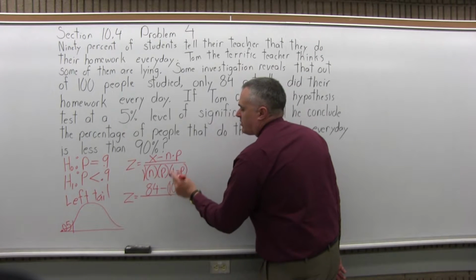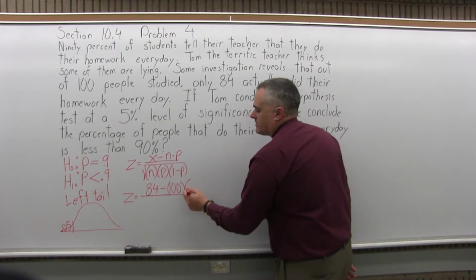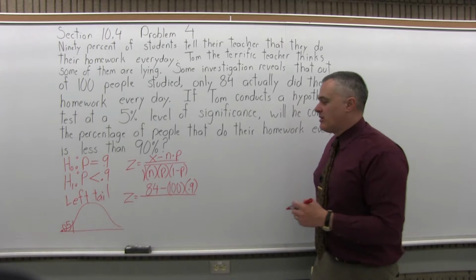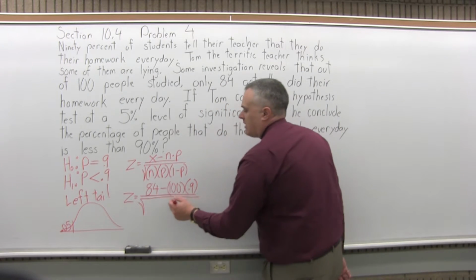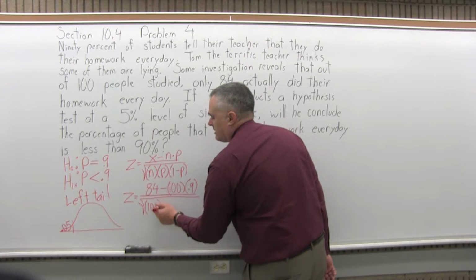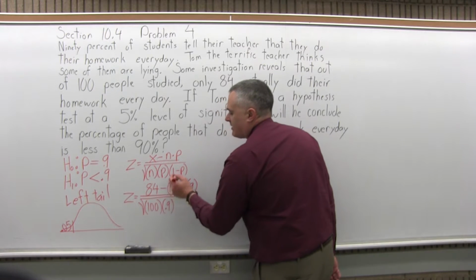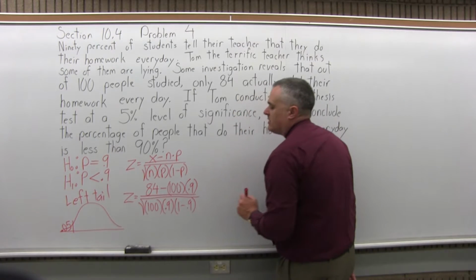And p, the proportion that you're testing as a decimal, is 0.9. That's the numerator. Now in the denominator, we'll have a square root of n, which is 100, times p, which is 0.9, times 1 minus p, so 1 minus 0.9.